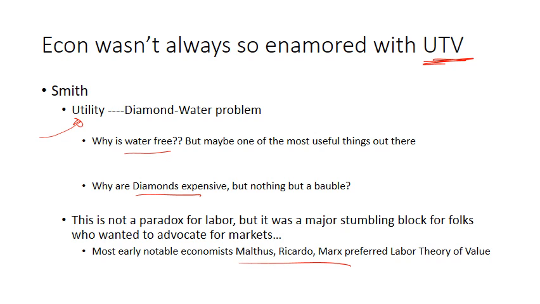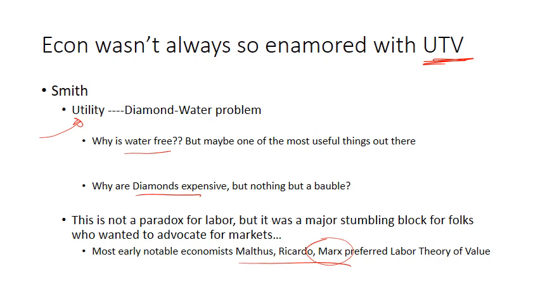Now, if you're paying attention, you probably recognize Marx's name, even if you don't recognize Malthus and Ricardo, although you should recognize Ricardo. Marx basically was a huge critic of capitalism, and he polished up the labor theory of value and got to all kinds of conclusions about how capitalism was going to cause conflict, it was going to suffer from crises, and it was essentially going to exploit workers.